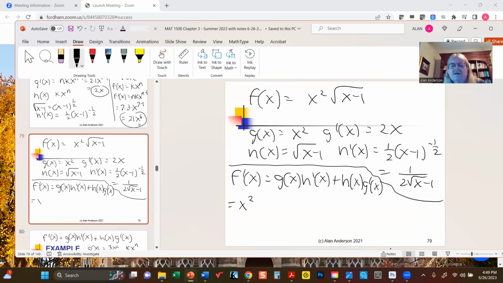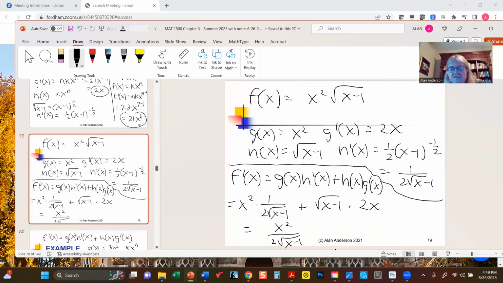We have g prime, 2x, h, and so on, with x squared times 1/2 radical x minus 1 plus radical x minus 1 times 2x. So that's your final result.